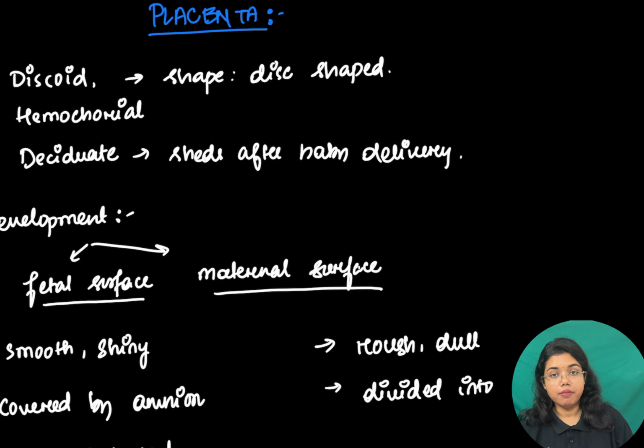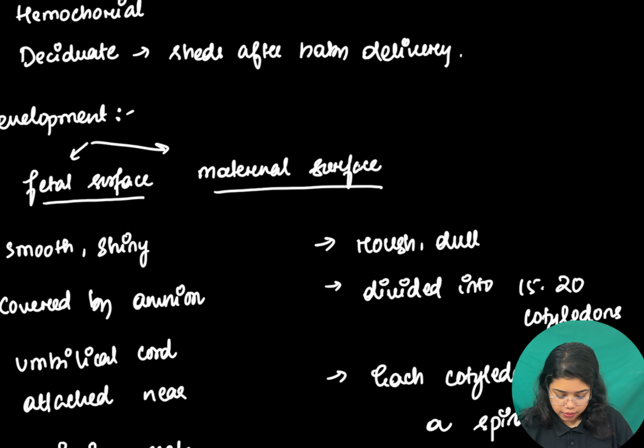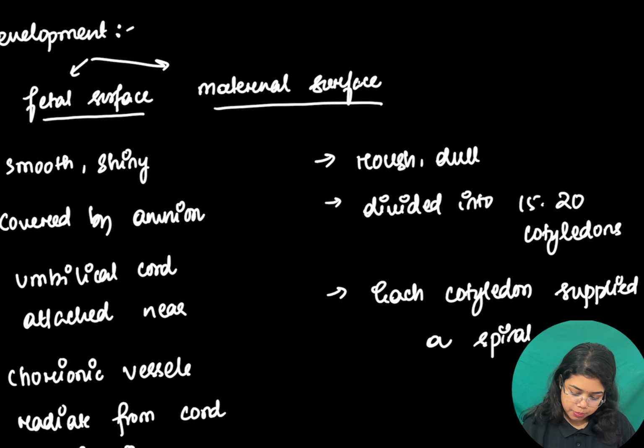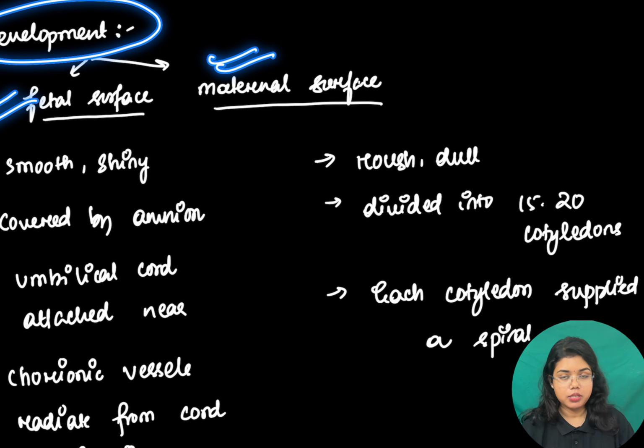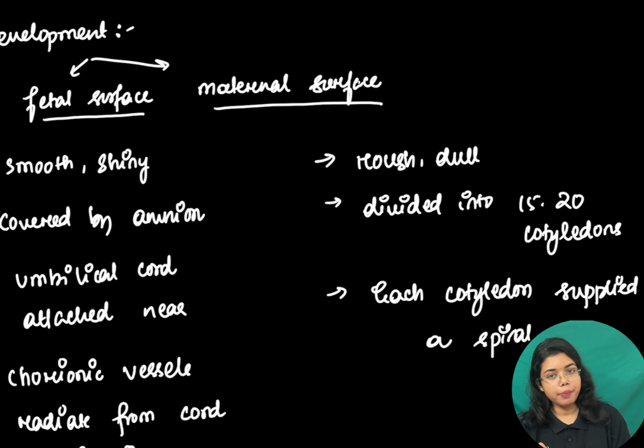Okay, then coming to the development, we will be discussing the development and also the functions of the placenta. So what is the development? See, placenta is developed from both the fetal surface as well as the maternal surface. It is discoid, hemochorial and deciduate, but it has two surfaces: the fetal surface and the maternal surface.